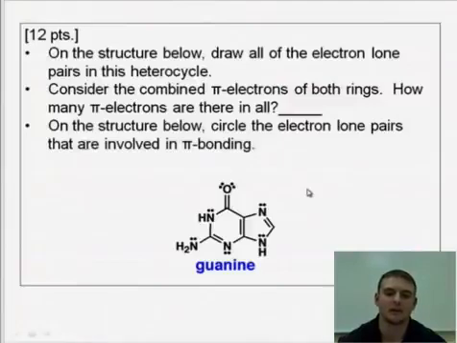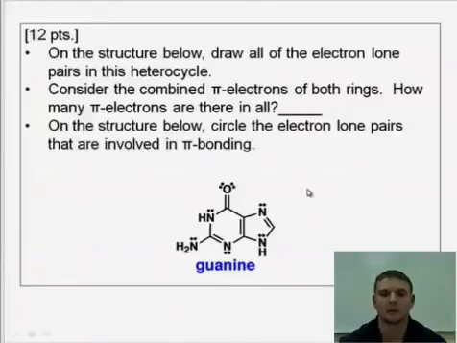If we start here at this nitrogen and count 1, 2, 3, 4, 5, 6, 7, 8, 9, 10, 11 pi electrons for the core of this structure. And again, we need to consider the atoms appended off this molecule.